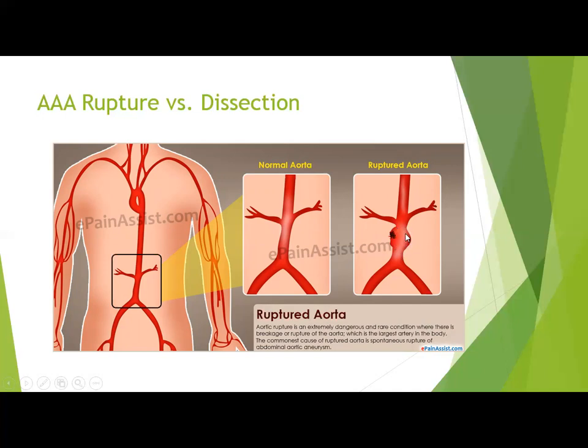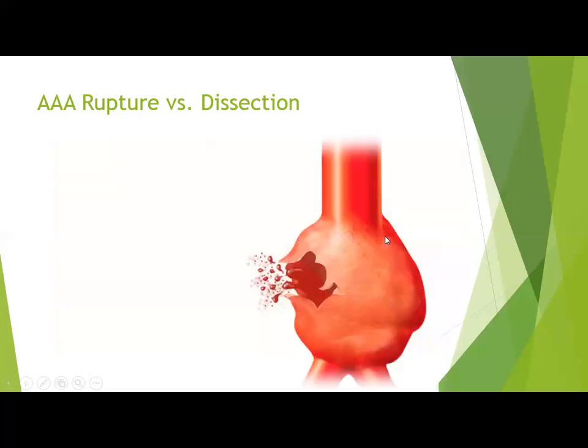Now, there might have been a dissection in this section of the wall that again has just made it weaker and weaker. But the worst complication of AAA dissection or having a AAA is that wall gets so weak right here that it ruptures. And now we have a hole in here, and greater than 90% of these patients are going to die because they're going to bleed to death. So this is the difference between rupture and dissection.